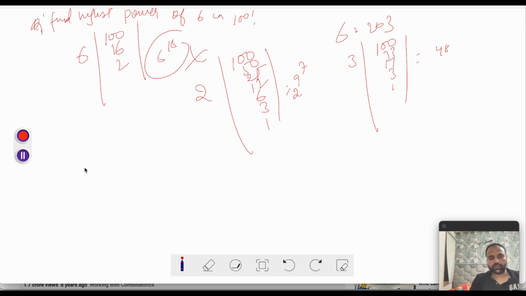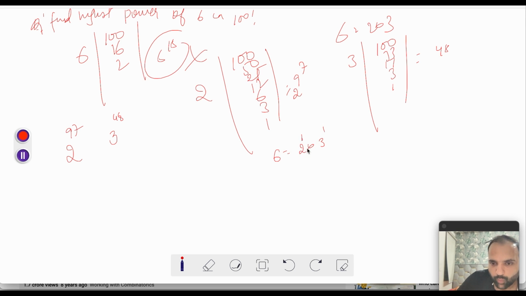Now understand, this is very, very important. So we have 2 to the power 97 and we have 3 to the power 48. So what is the highest power of 6? Let's say 6 equals 2 into 3. So what do we know? We need 1.